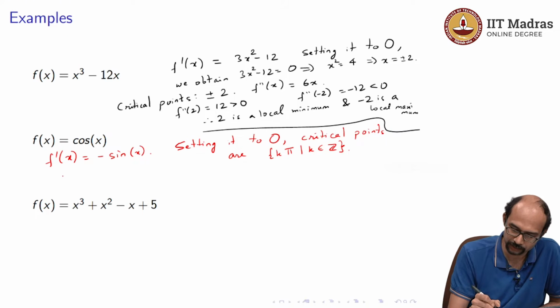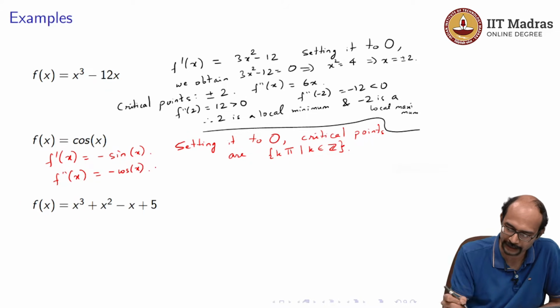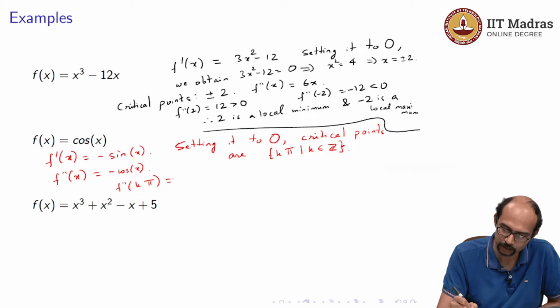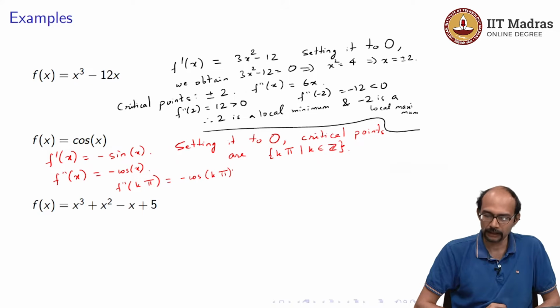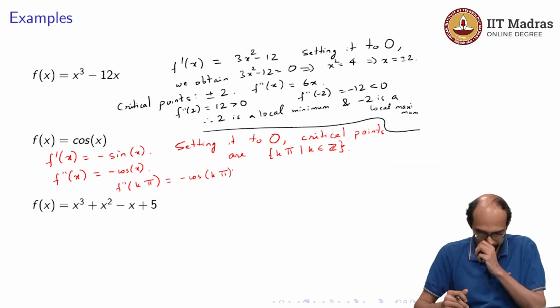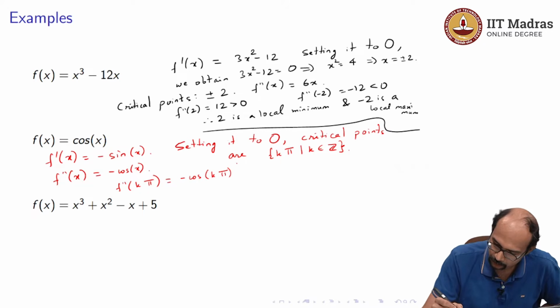Now let us check which of these are local maxima, which are local minima, and which are saddle points. For that, let us compute f double prime of x. f double prime of x is minus cosine x, and let us check this at k times pi. So f double prime is minus cosine of k times pi, and this depends on the parity of k.